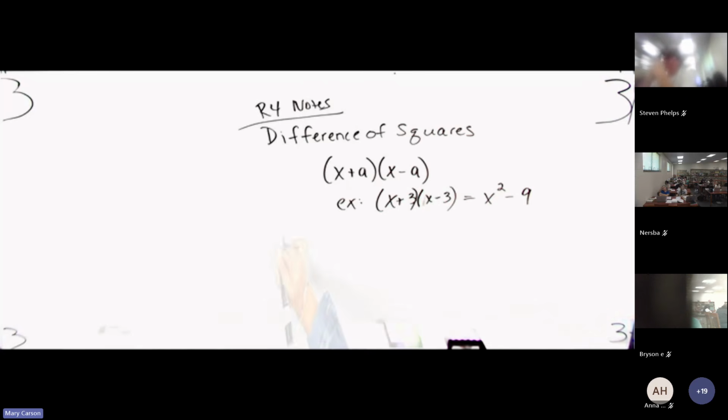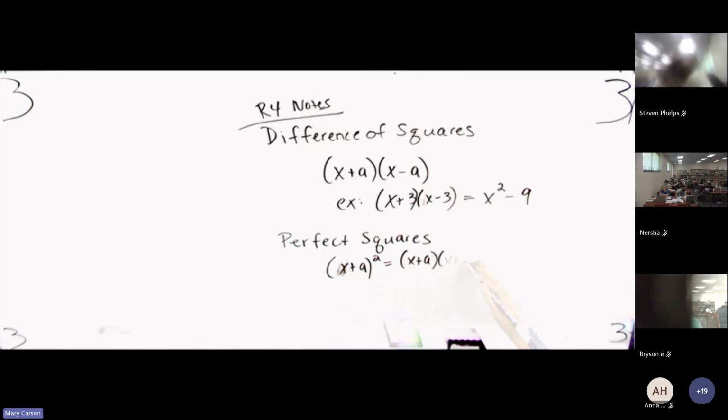All right, then you have stuff called perfect squares. So it's not going to have a difference in it. And it's just when you're doing two of the same thing. So it's when you're squaring something. So this will be x plus a times x plus a. And when you get it out, it'll be x squared.